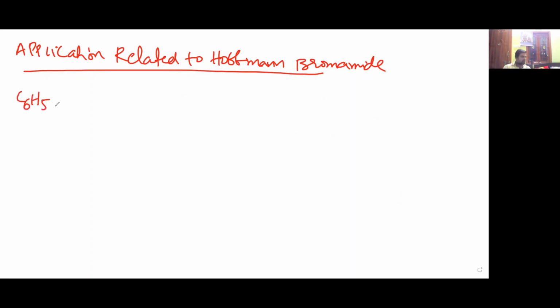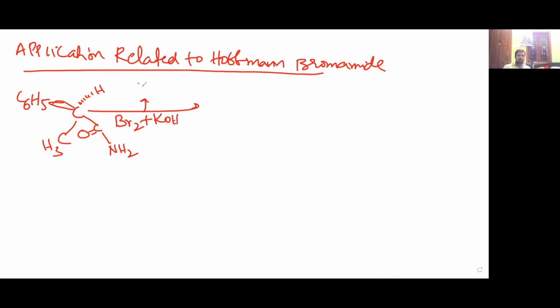Suppose you take C6H5, C, hydrogen is there, and here CH3 is there. This is treated with Br2 KOH, or else you can add KOBr. What is the product? Just the C double bond O is missed.